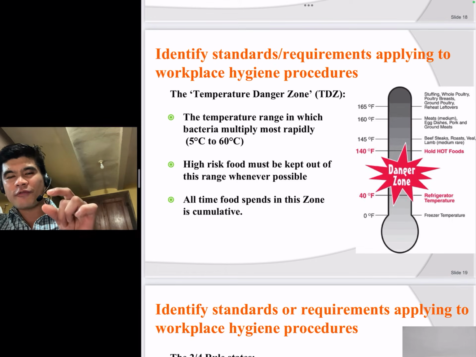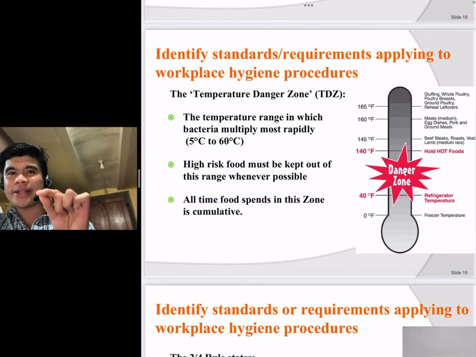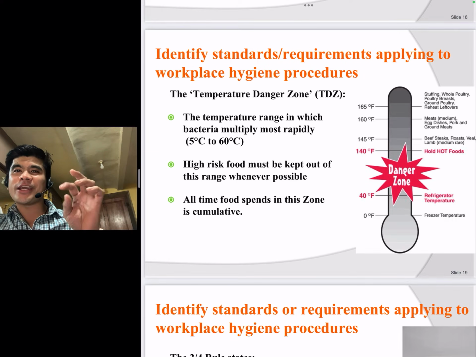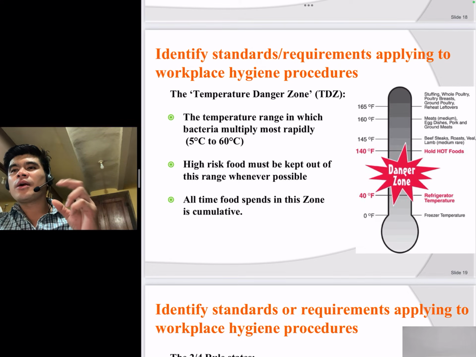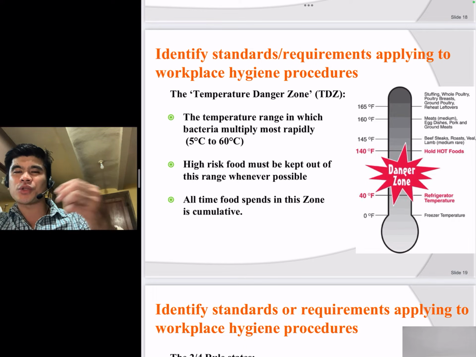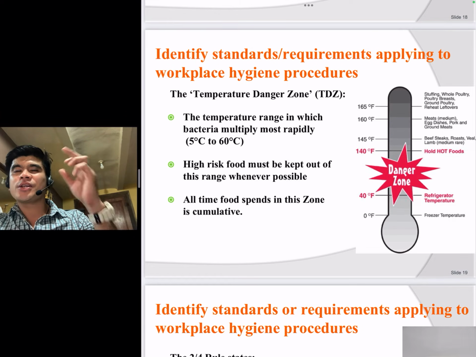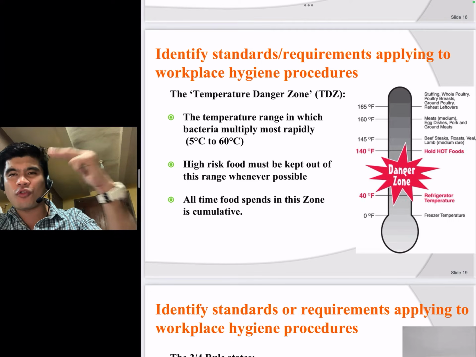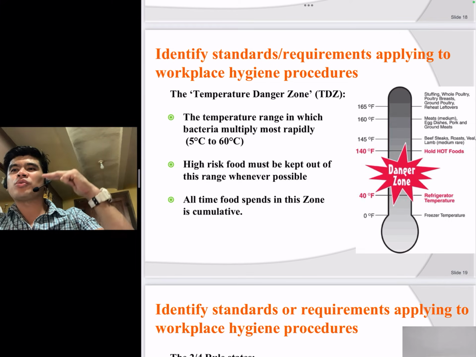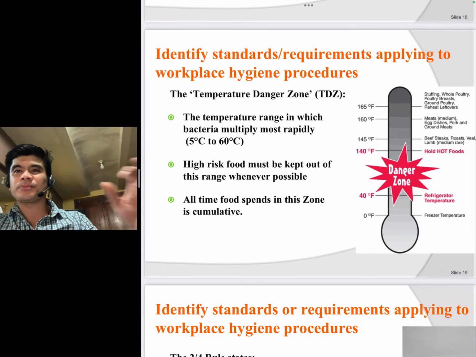If you're serving steak at a temperature of 120, that is already the danger zone. That is the time when it will acquire some bacteria. Likewise, it applies to any kind of food, such as fish, eggs, and pork. So that range of 140 down to 40 Fahrenheit is the danger zone.